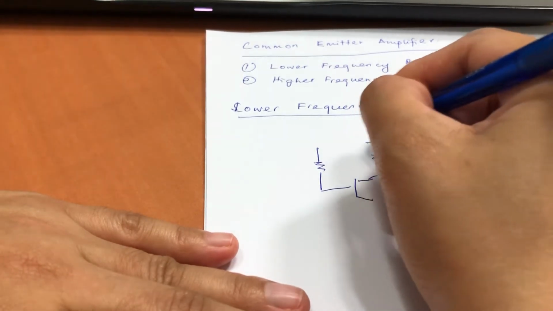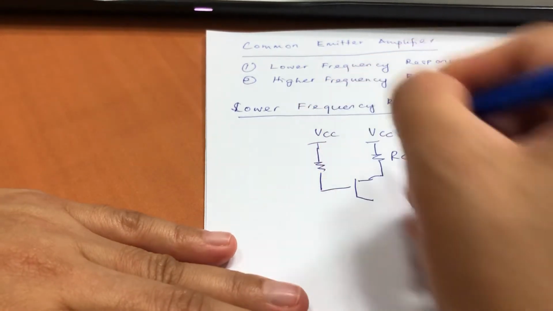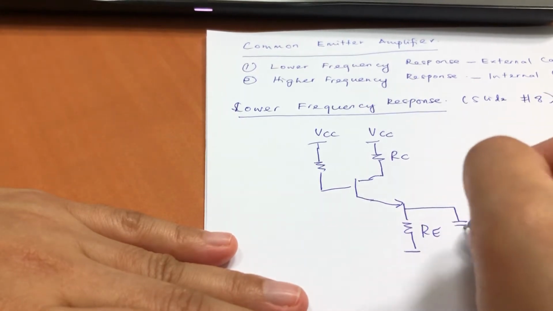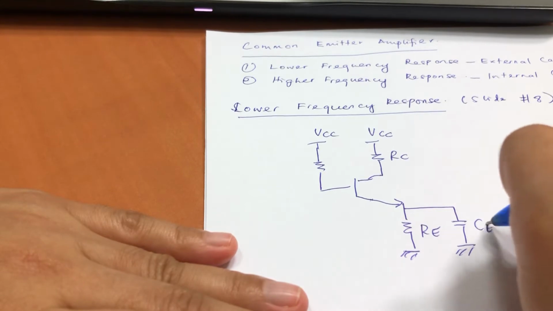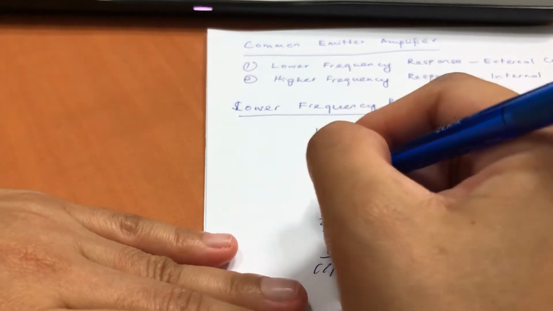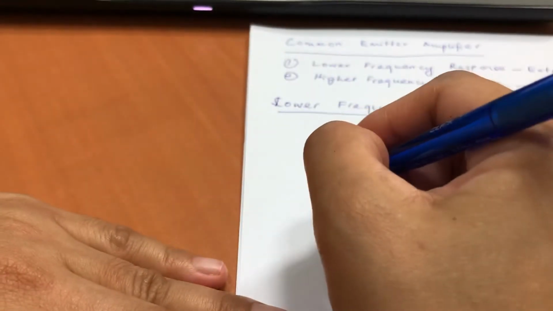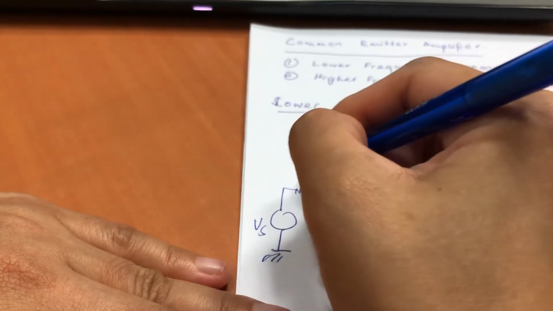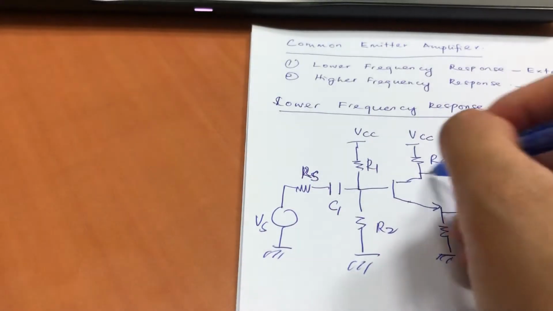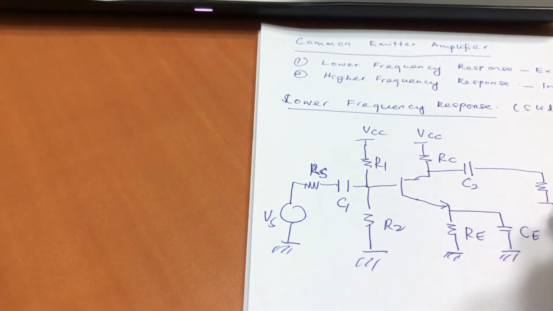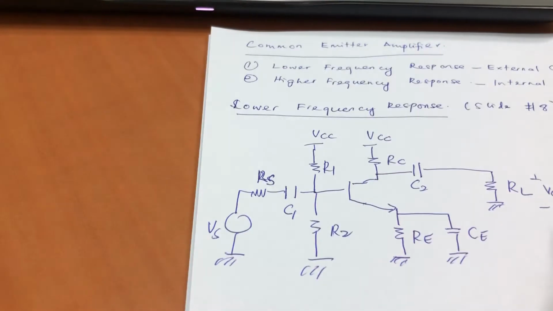This is RC, VCC, and then you have RE, we have CE, and then you have R2 and R1, this is C1, RS, this is VS, and then you have another capacitor here, C2, and then you have RL to the ground, and this is your V out.